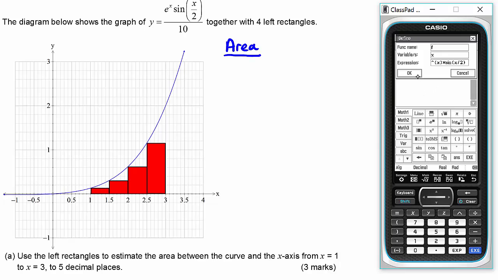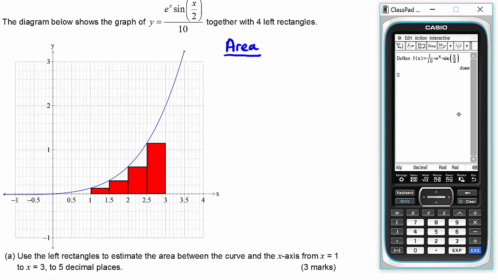And we're in radians, so that's all good.